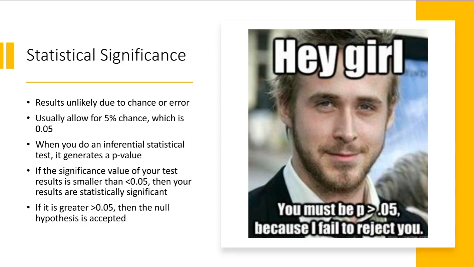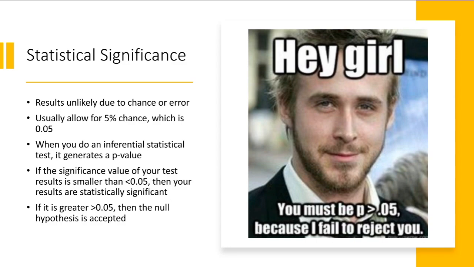But the basic idea is if the p-value that you get from your analysis is less than 0.05, you reject your null hypothesis and you accept your research hypothesis. If your p-value is greater than 0.05 or 5%, then you will accept your null hypothesis.